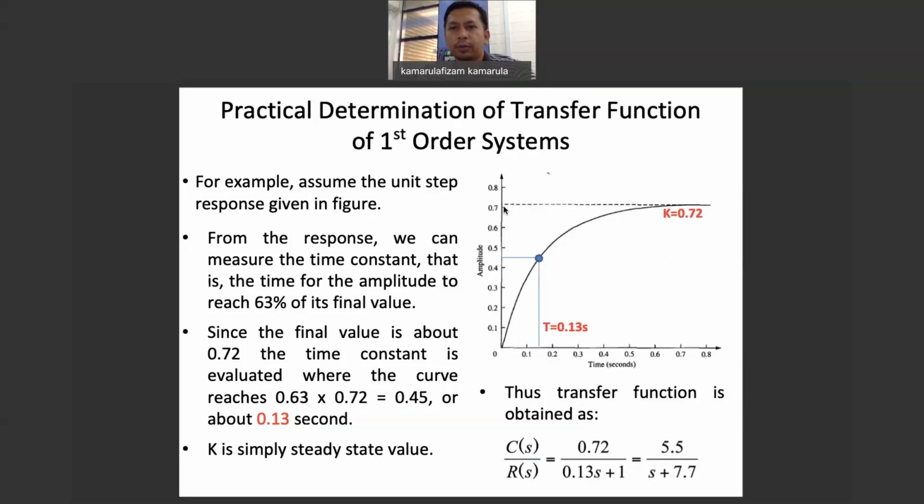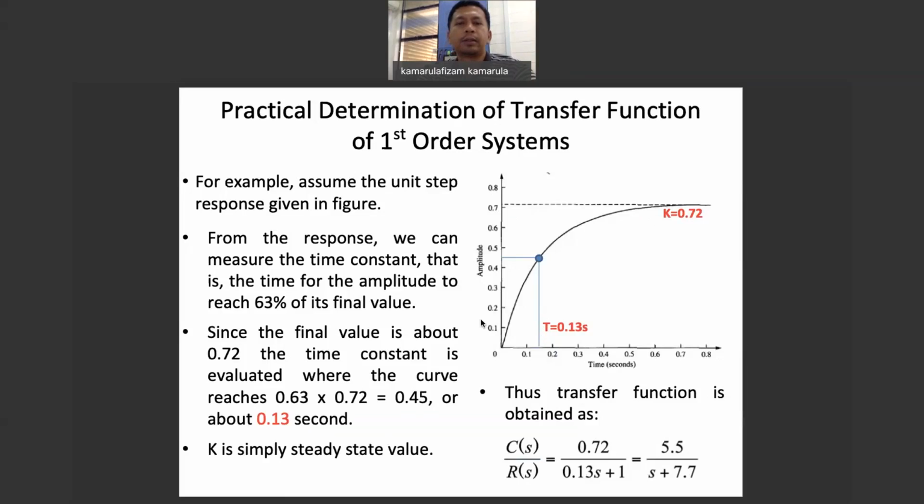So you can take 63% of 0.72, which is about 0.45, and the time is 0.13 seconds, right? And K is simply the value of the steady state.